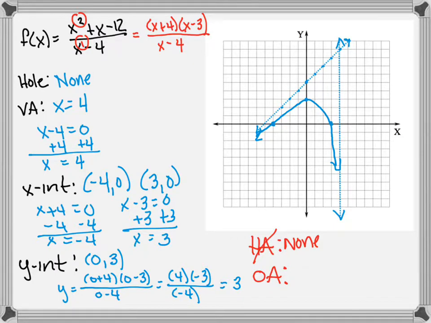And to double check where that branch is, we need to calculate the value of the function when x is greater than the value where we have that vertical asymptote. So we have a vertical asymptote at x equals 4, so we are going to calculate f of 5.